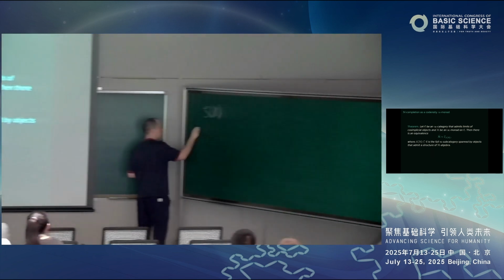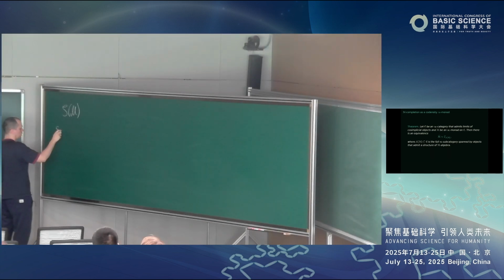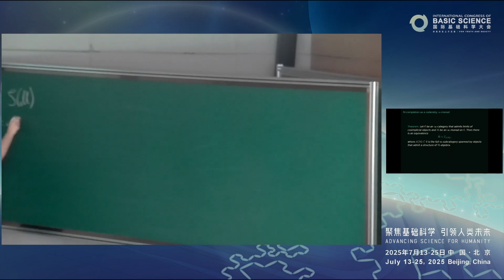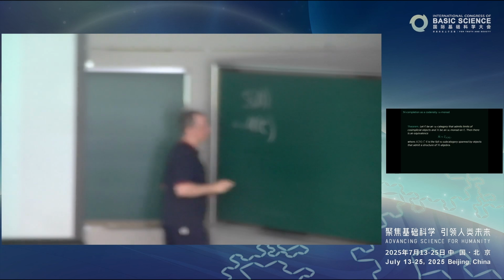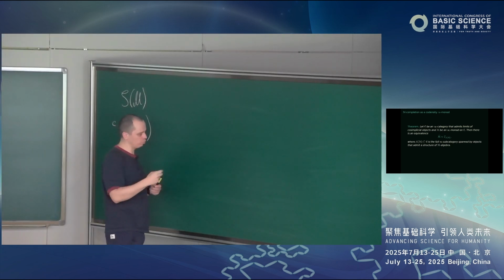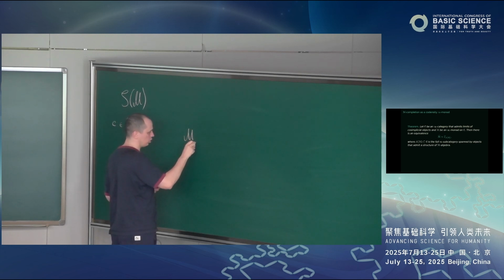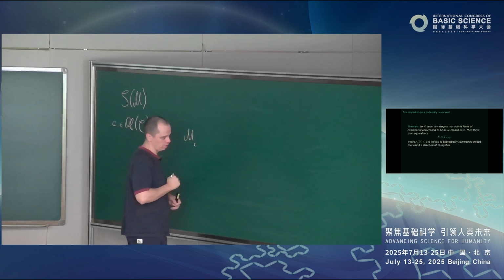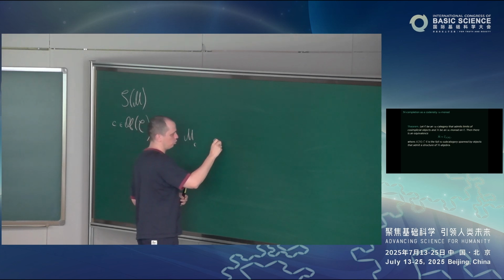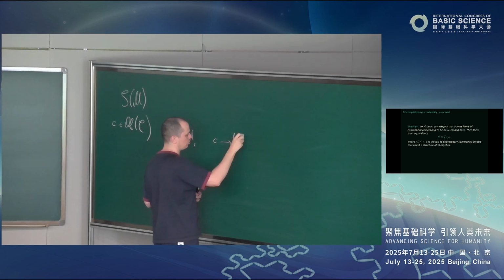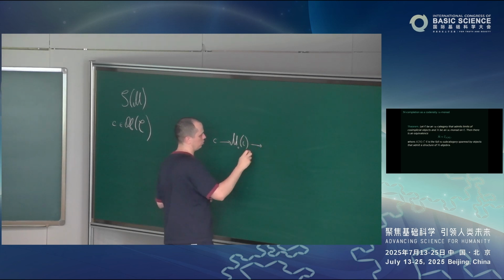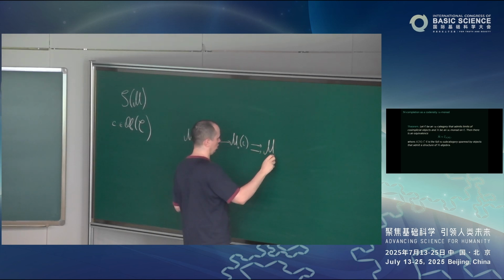If we take an object C in our category, and we have this monad as well, we obtain a cosimplicial object that we denote M^•C, which starts from C, then M of C, M squared of C, and so on, right?